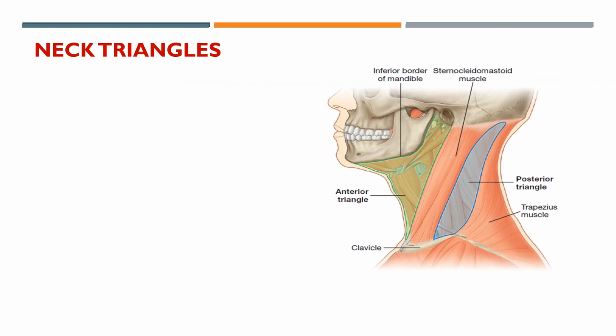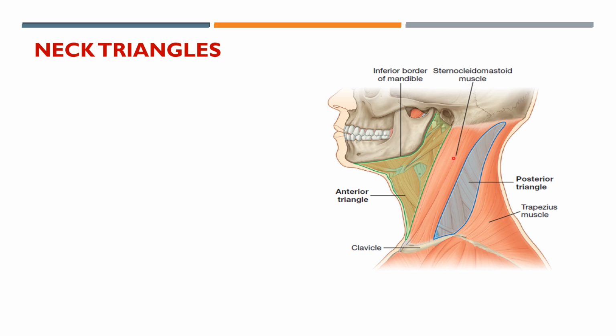Let us have a look at the neck triangles, and as you see here, we have two big neck triangles. This part here is called the anterior neck triangle, and this part here is called the posterior neck triangle. And it is very clear that this muscle, the sternocleidomastoid muscle, is a very important landmark muscle found in the neck.